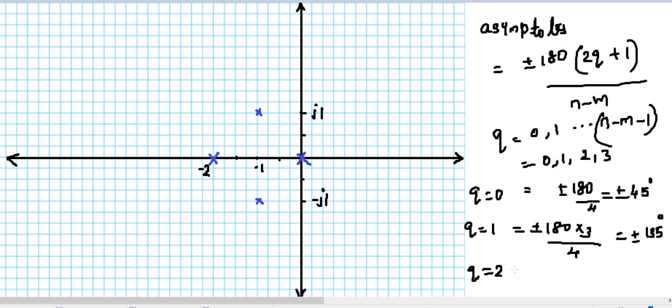And the value of q is equal to 2, it will be plus or minus 180 into 5 by 4, so it is actually equal to plus or minus 225 degree. Actually what is plus or minus 225 degree? It is minus plus 135 degree.